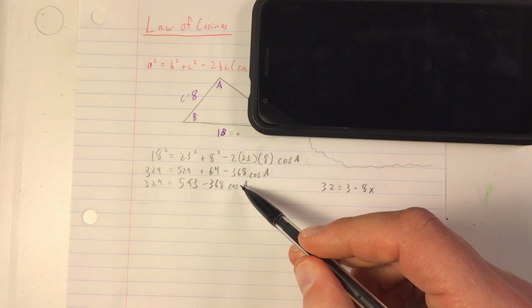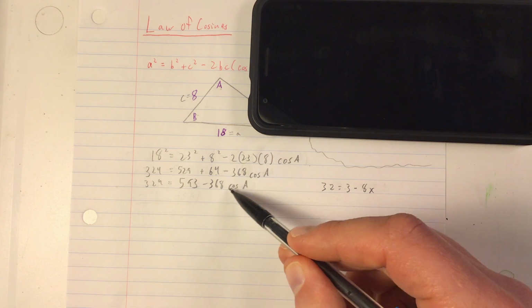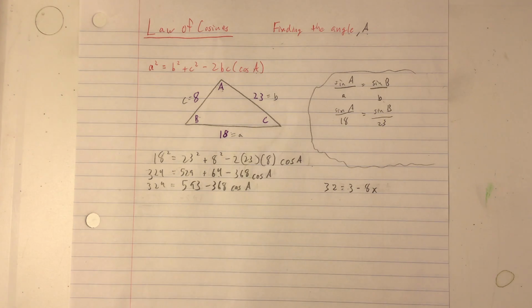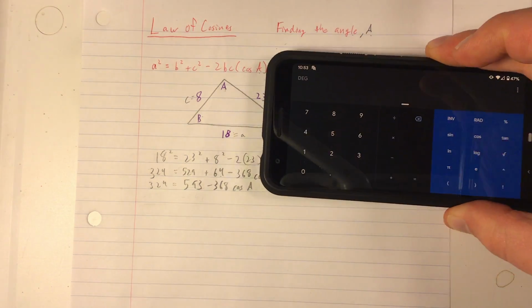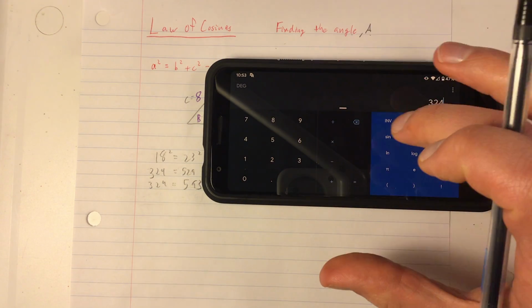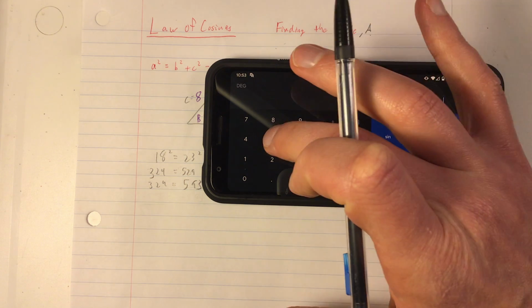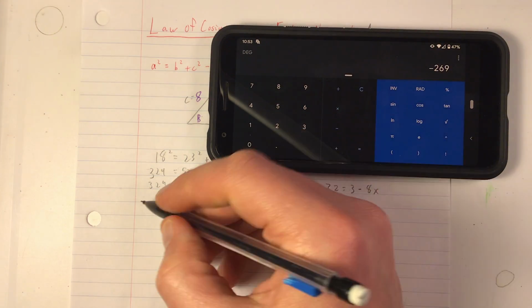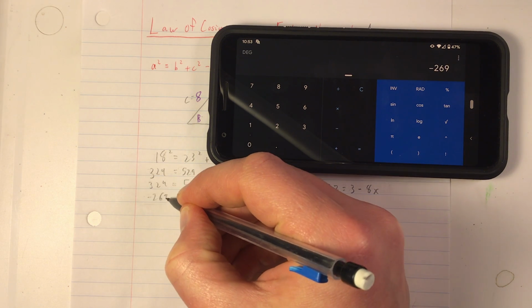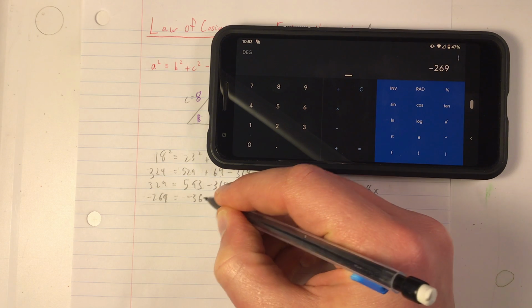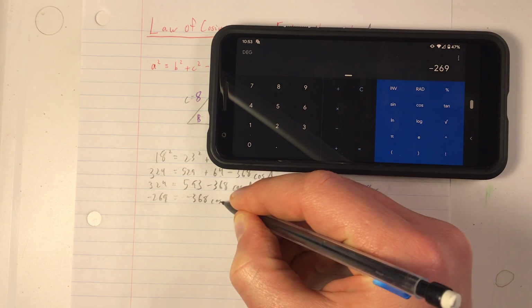This is 368 times the cosine of A. I don't know what that number is. I can pretend that number is x if I want to for now. So 324 minus 593, negative 269, equals negative 368 times the cosine of A.